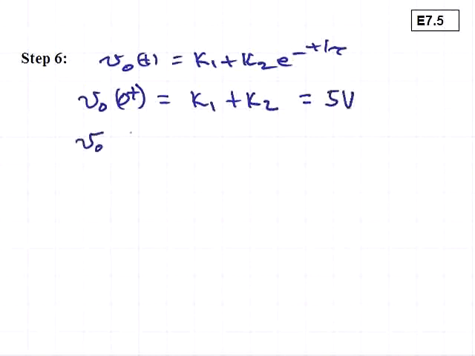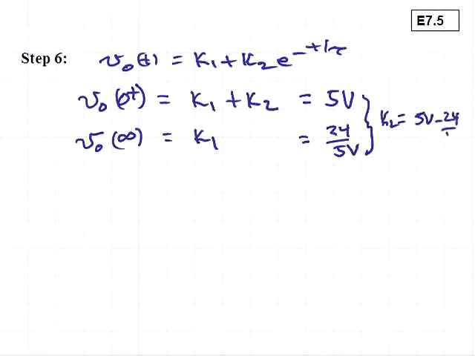Likewise, VO at infinity in this expression is just the K1 coefficient, and we found that that was equal to 24/5 volts. So we can use those two equations to determine the coefficient. K2 is equal to 5 volts minus 24/5 volts, or K2 is equal to 1/5 volt.